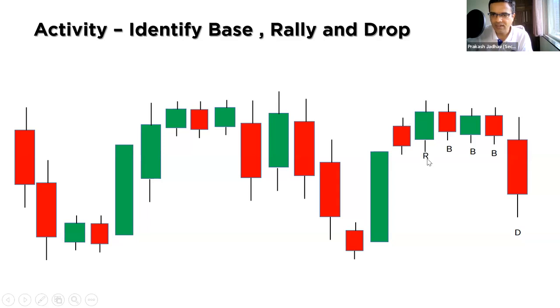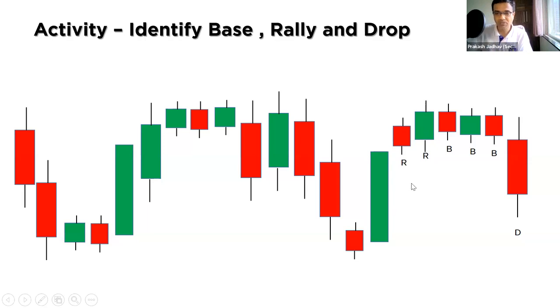So this candle is a rally. Now let's look at this red candle. Its close is here. Now this close is higher as compared to the high and low. It's beyond this range. It's above the high. So it's a rally candle.